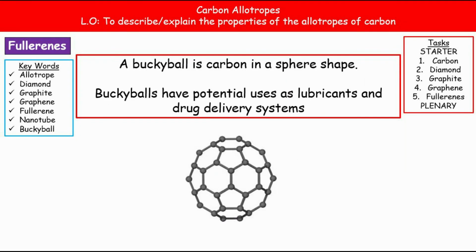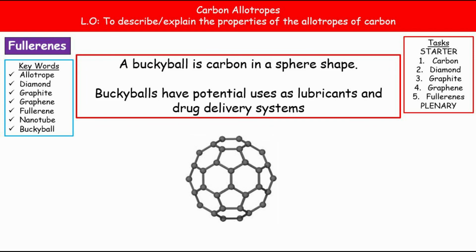The final allotrope we're going to look at is a buckyball. Now, a buckyball is basically carbon arranged into a sphere. So this is the one we're going to draw as a circle when we do our quick sketch to remind us. Now, buckyballs are really important because they're made up of 60 carbon atoms as the common one here. Now, what we find is that because it's a sphere, it's kind of like a cage.